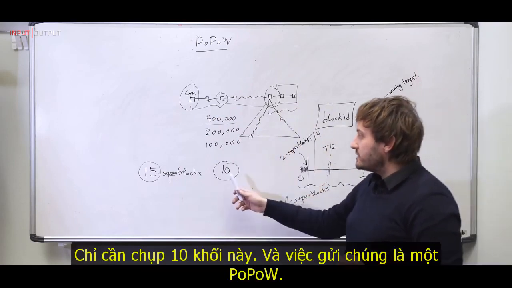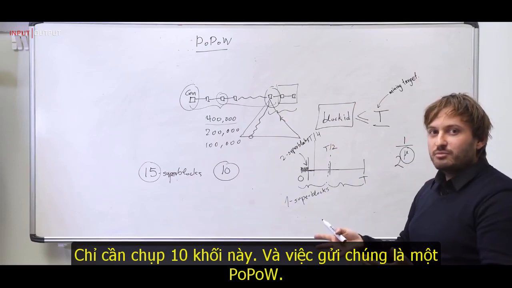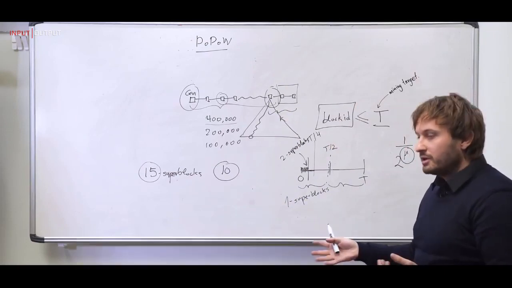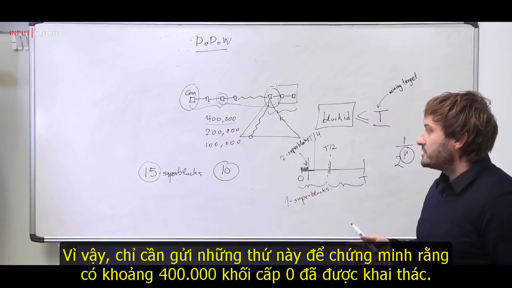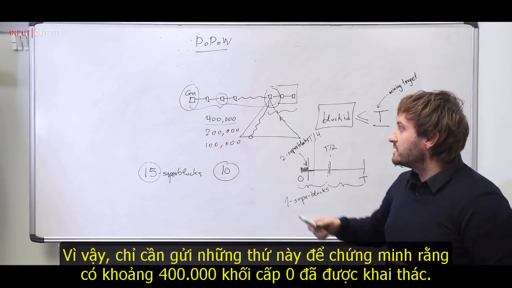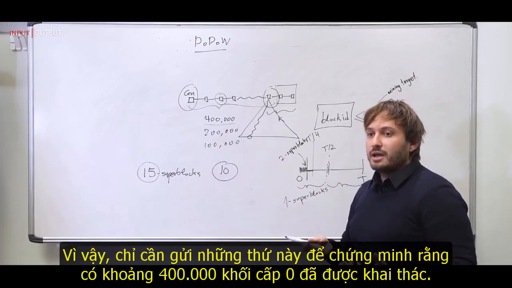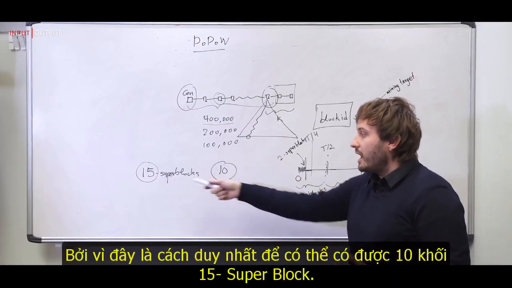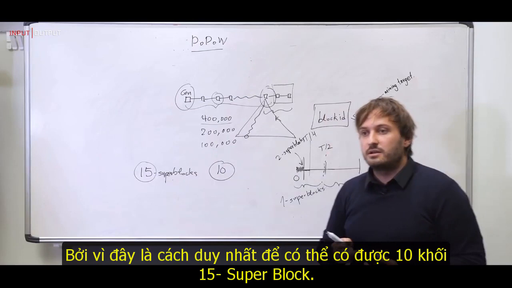So just capturing these 10 blocks and sending them is a proof of work. So we can just send these, and this should be sufficient to claim to someone that, look, 400,000 blocks of level 0, or approximately so many, have been mined. Because this is the only way I could get 10 blocks of level 15.